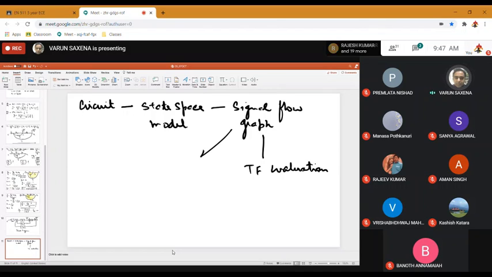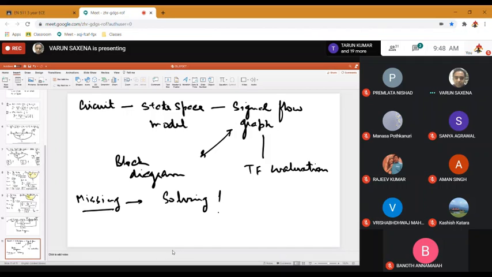And from here you can also create what we call as a block diagram. What is still not done, what is missing and is going to come later, is actually solving for IT and solving for BC. These two things are going to be done in subsequent modules.